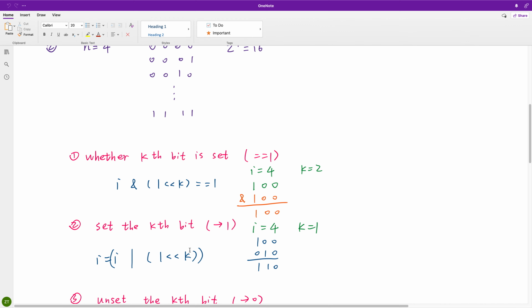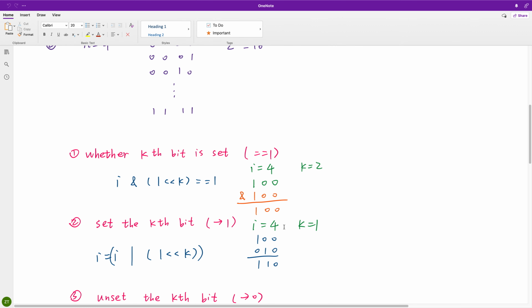If we want to set it as 1, how do we set it? We just need to OR with 1 left shift k bits. How does it work? Still, if i equals 4, k this time is 1 because this bit, the 1 bit, is 0, right?